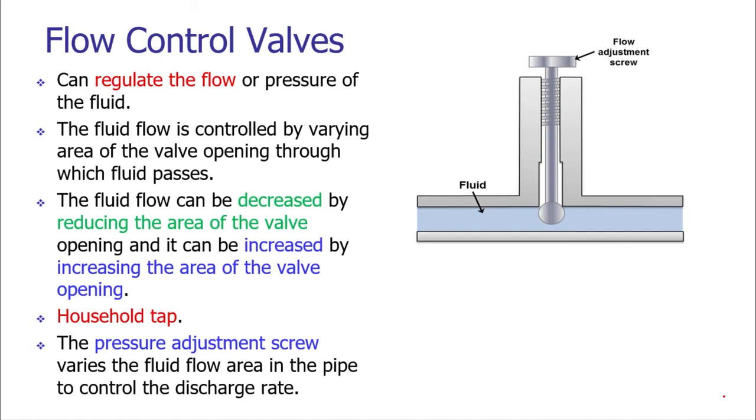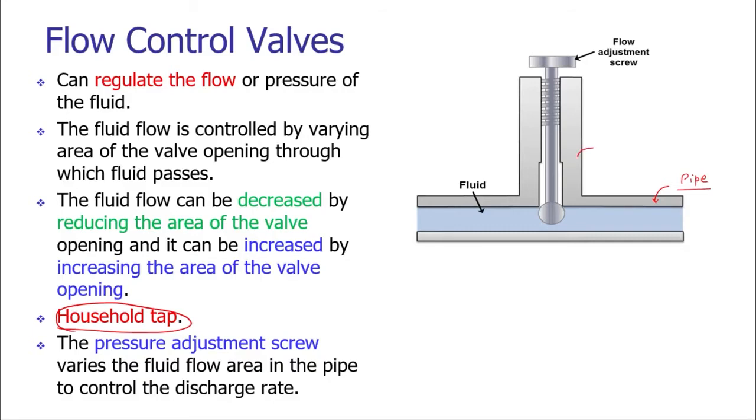A very basic and simple example of a flow control valve is our household tap. On your screen you can see a schematic of a household tap. It has a pipe through which the fluid is passing, and this pipe is fitted with a flow control valve.